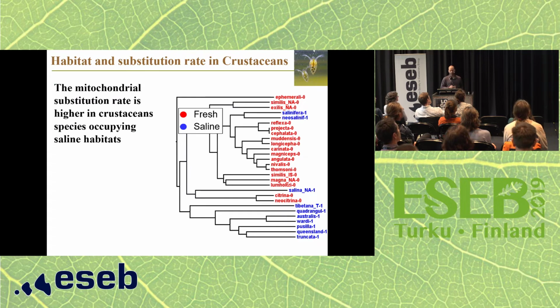Okay, so let's look at a short example. Here, we looked at crustacean species living in saline environments, in salt water, or in fresh water. I colored the species living in fresh water in red and in salt water in blue. And here, we look at the non-coding mitochondrial sequences to see whether the genome-wide substitution rate of species living in saline environments is different compared to those of species living in fresh water.